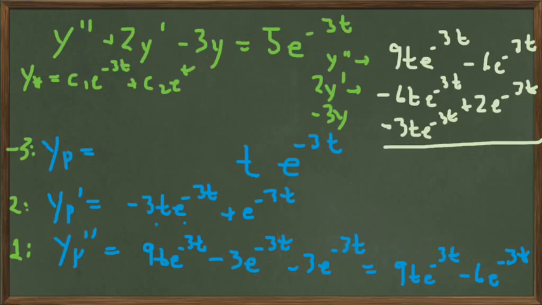Here, here, and here, and we're going to add all that up and set it equal to 5e to the minus 3t, the right-hand side of the original. So when we add up this first column, we just get a 0 here, and in the second column we get a minus 4e to the minus 3t.